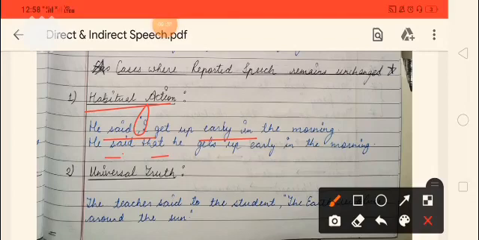Now if you are reporting someone else's speech and he is of male gender, which pronoun will you use? He. Now, why is gets up used here?